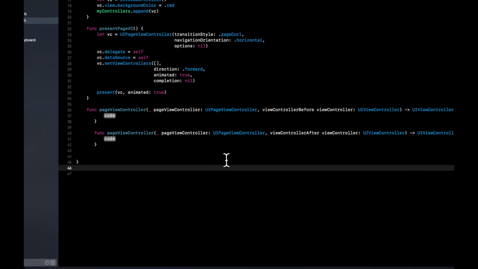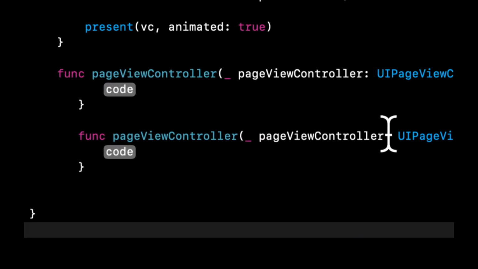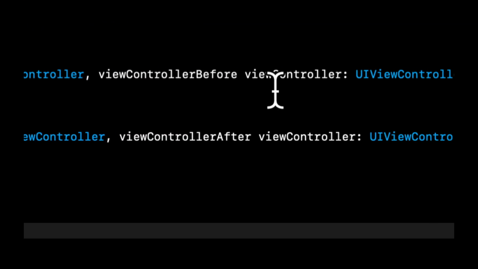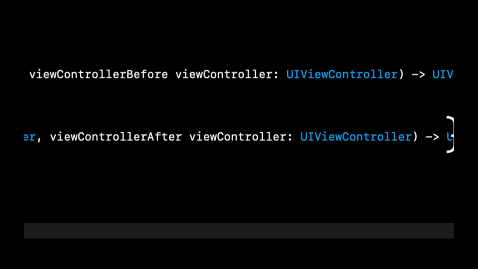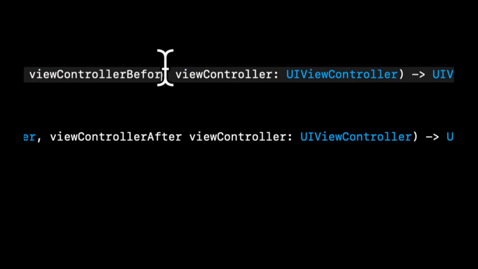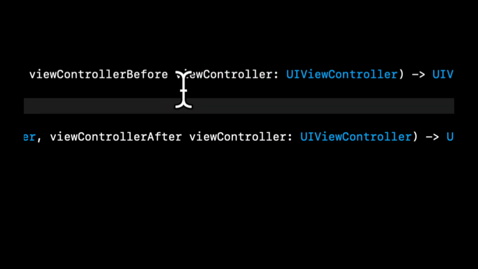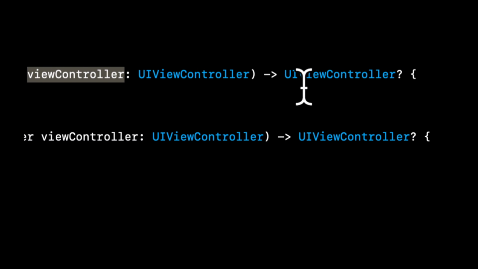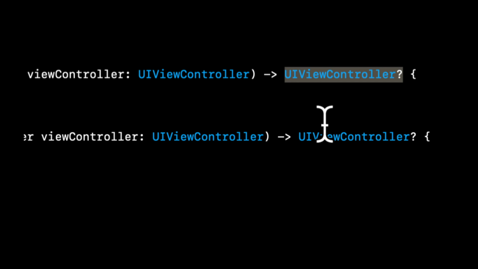Basically, these two functions, if we read the name, pageViewController, viewControllerBefore for the top one, and the bottom one, viewControllerAfter, expect us to return the ViewController to be shown in the PageViewController based on the current position. So this function, if it gets called, wants the controller that should be shown before the parameter that's sent in. And if there is none, we can return nil. You can see the return type is ViewController optional.